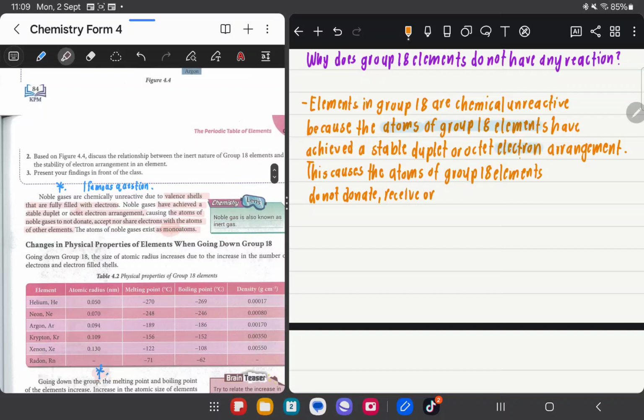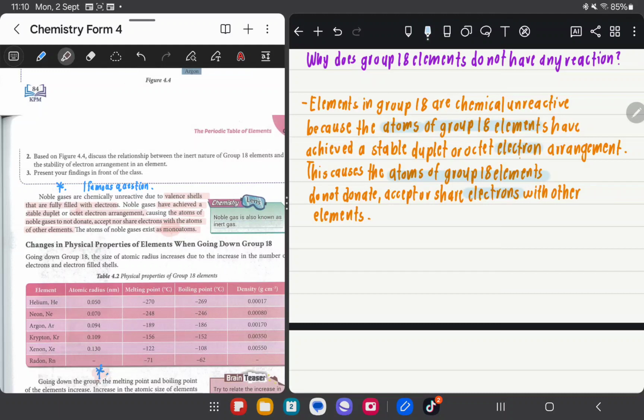Okay, these three words are okay, tak payah receive lah, textbook use accept or share electrons with other elements. Okay, so kat sini this particular sentence, this cause the atom of group 18 element or other do not accept, share and electron. Okay, you talk about electron here, what do I say?